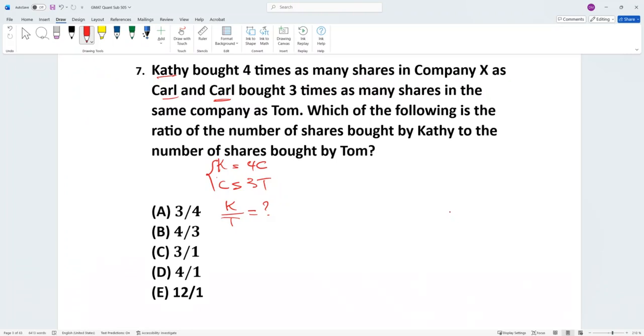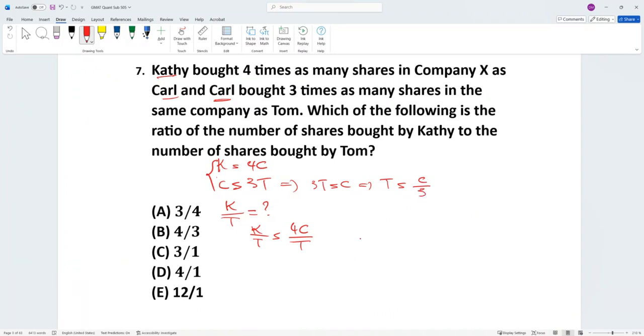So one thing that we can do is to simply say, since K is equal to 4C, we have 4C over T, and we are going to try to find the value of T in terms of C. We can say that 3T is equal to C, then T is equal to C over 3.